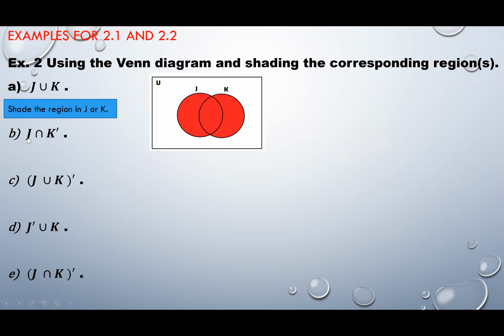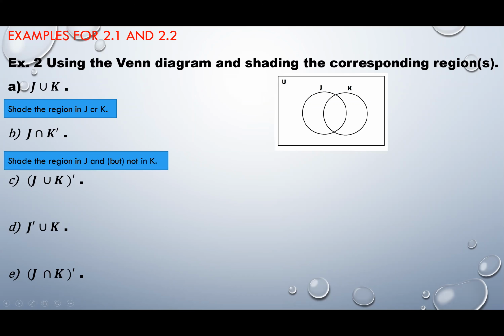And if you look at part B, they ask you to shade the region in J and outside of K. So what region is in J and not in K? Do you agree that this is in J, and this is outside of K, right? Between the two regions I just shaded, which item is in J, right?